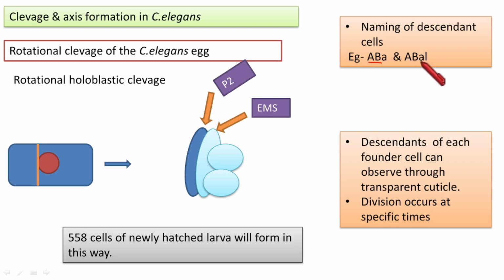ABAL means it is the daughter cell formed from ABA, and its position is towards the left side of this ABA cell. And regarding this also, we can see the position. This is anterior to the AB parent cell. Is it clear? Okay.